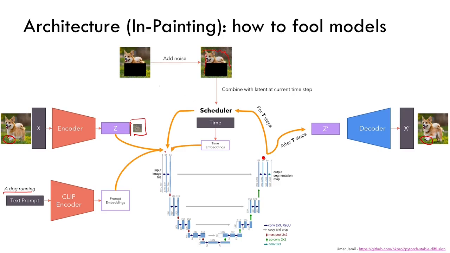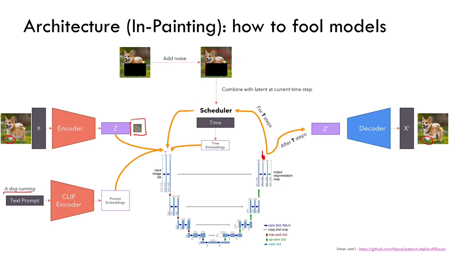We replace it with the image that we already know, and we pass it again through the unit. Basically what we do is at every step, at every output of the unit, we replace the areas that are already known with the areas of the original image. So basically to fool the model into believing that it was the model itself that came up with these details of the image, not us.